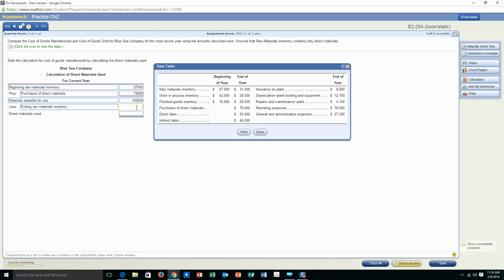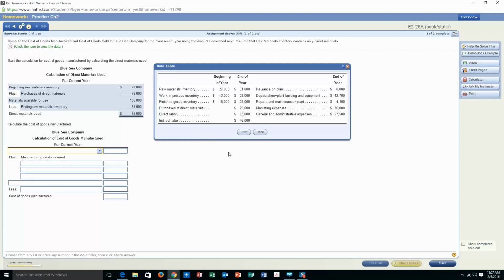And finally, because I have $31,000 worth of materials on hand at the end, I'm going to subtract that amount because it's obviously not part of what I used if I still have it. And now I subtract 31,000 from 106,000. And so I begin by calculating that I used $75,000 during this period of time for direct materials.